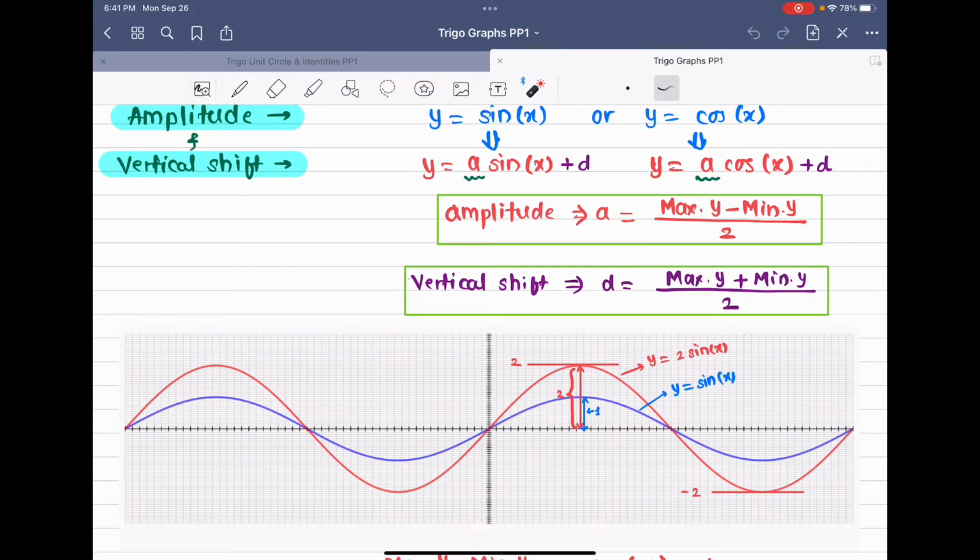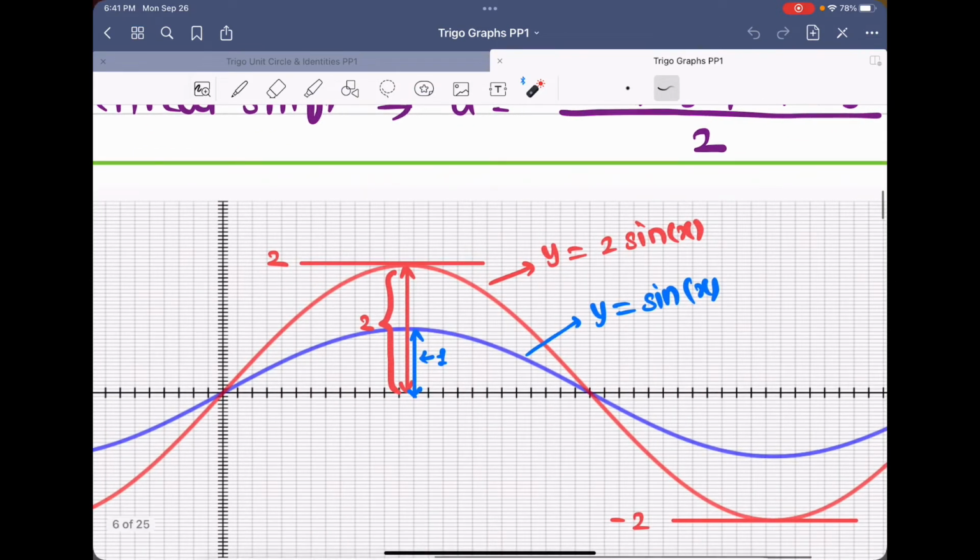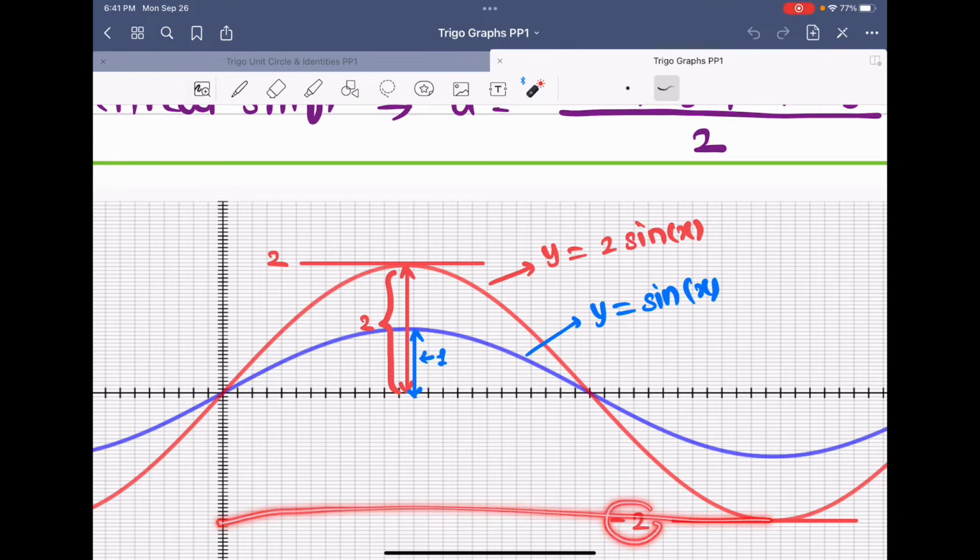Now look at this red curve. The maximum value of y is 2 and the minimum value is -2. So clearly I can see that 2 is the maximum displacement traveled by the particle from its mean position.